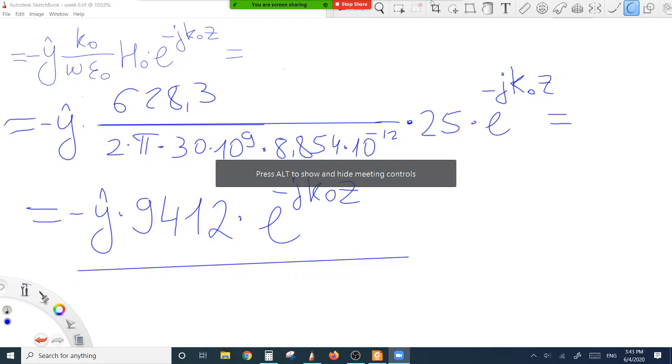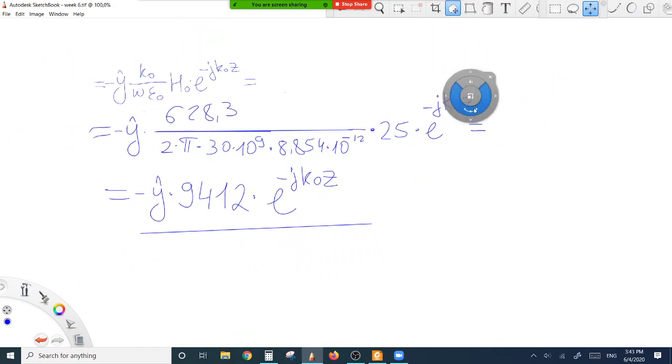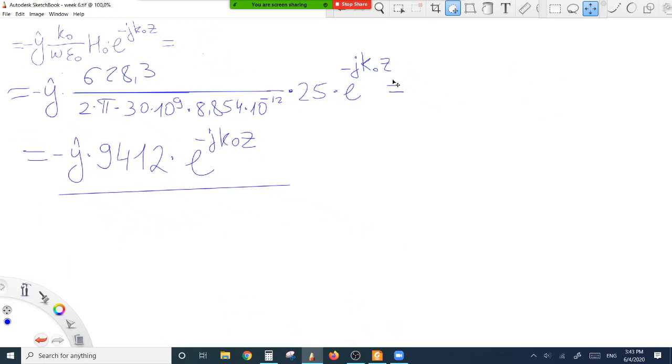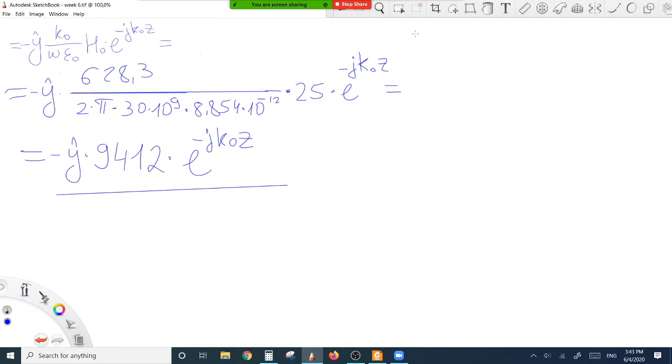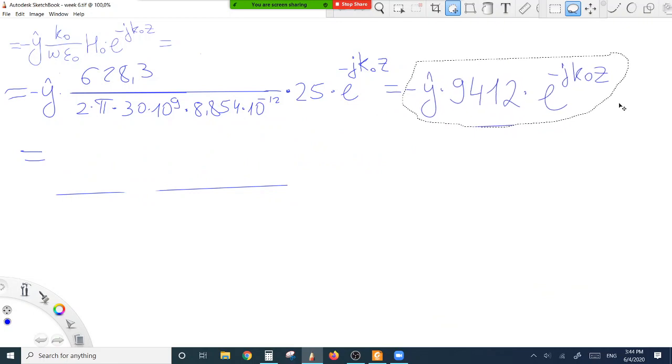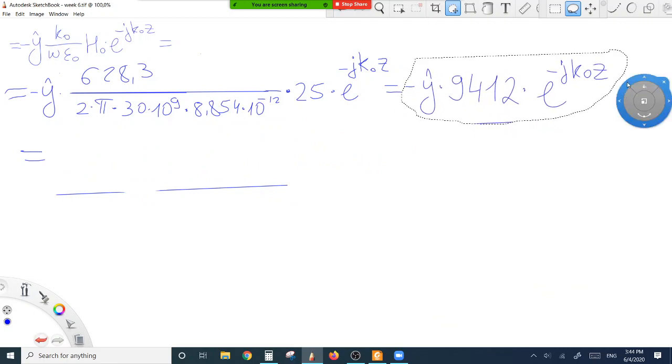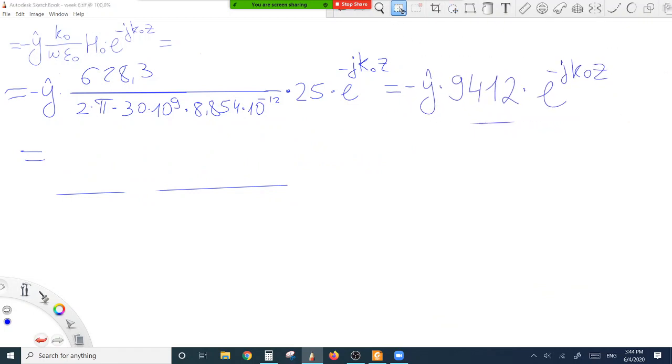Okay, we found the electric field intensity in phasor form.